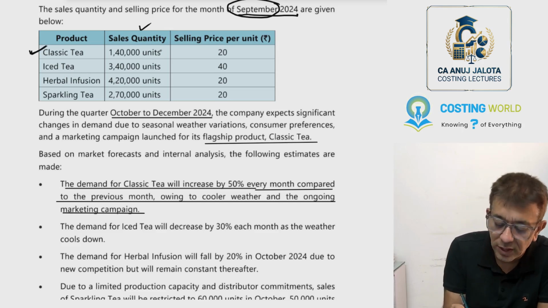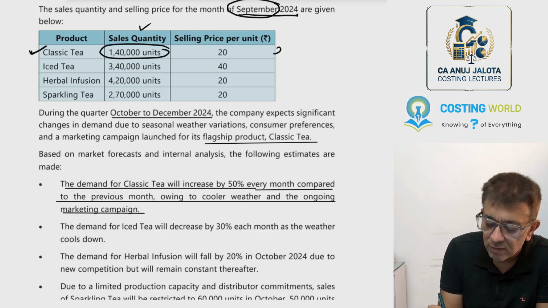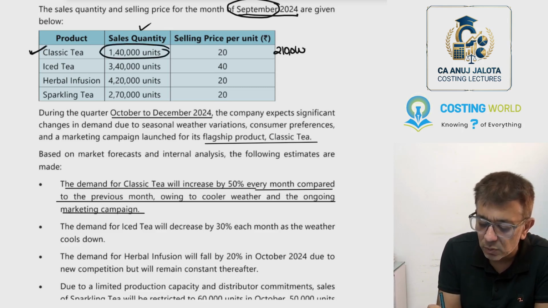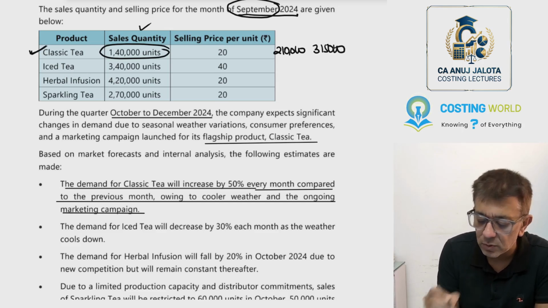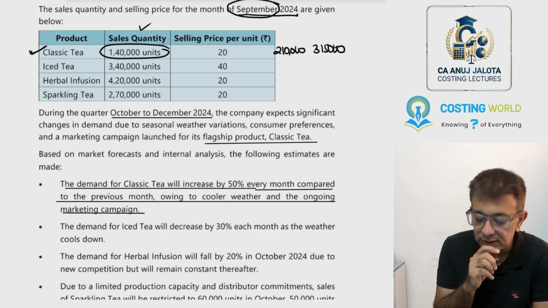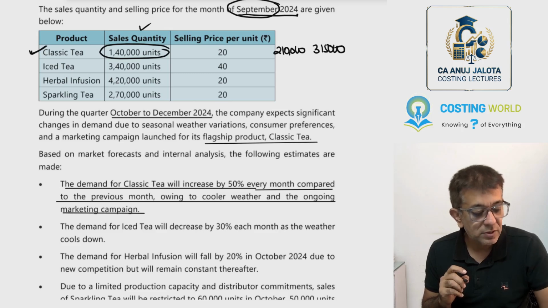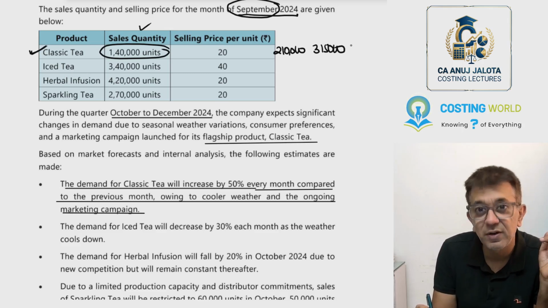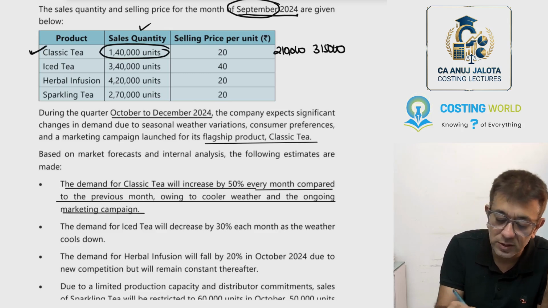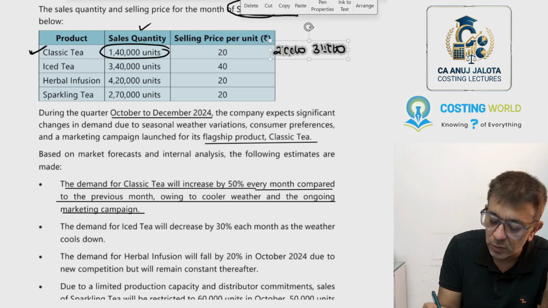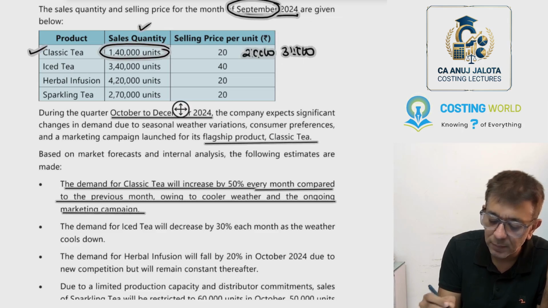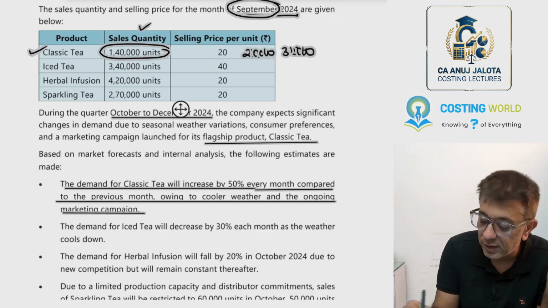So it is 1,40,000 over here. 1,40,000 plus 50% is 2,10,000, plus 50% is 3,15,000, plus 50% is 4,72,500. Just a sec, I'll bring them a bit closer to each other so I'll have place to write.